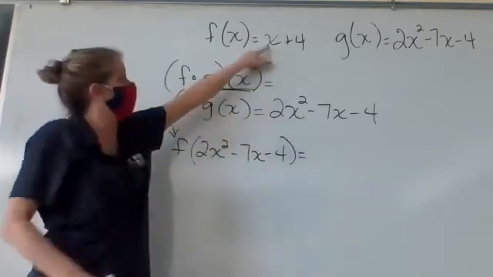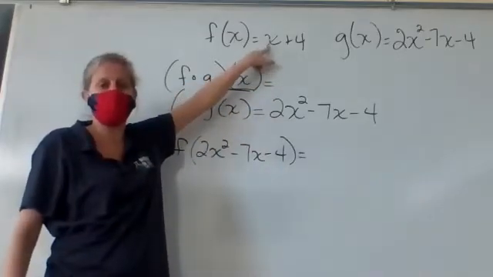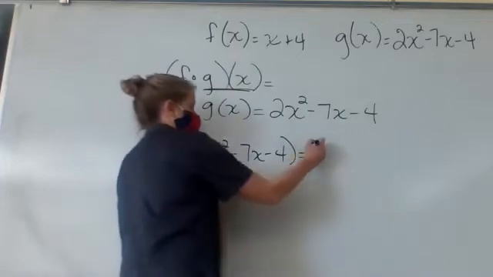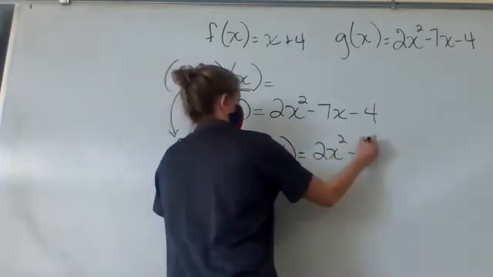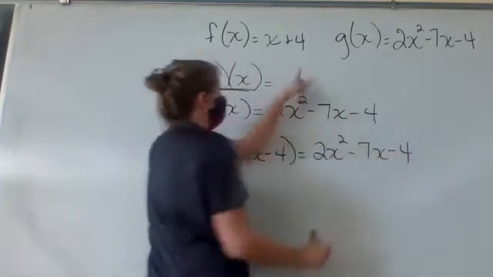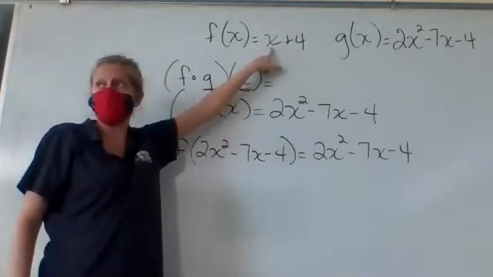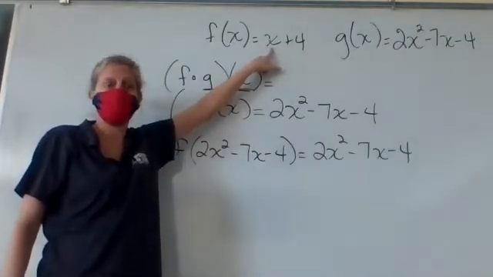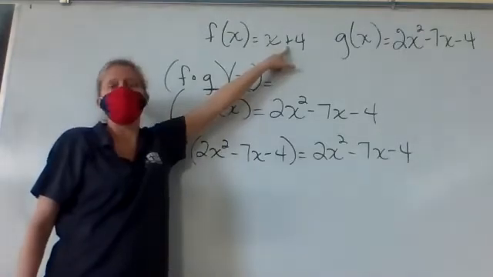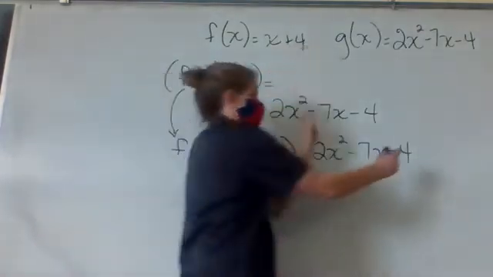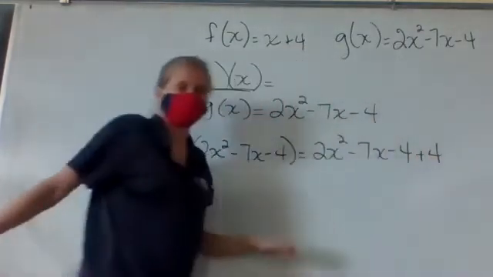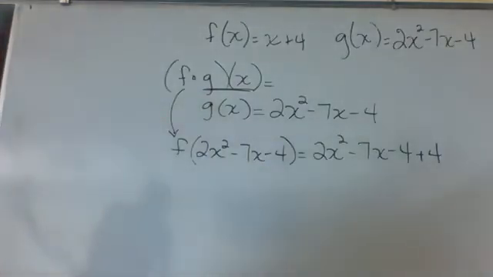So going up, the very first thing right off the bat I see is an x. Well, I don't write it, I replace it with this. 2x squared minus 7x minus 4 is what I replace that x with. Drop down the plus 4. And then see if you can simplify it in any way by combining like terms.